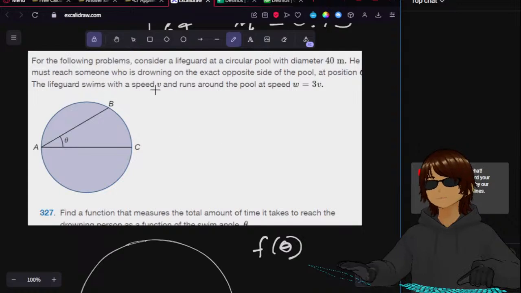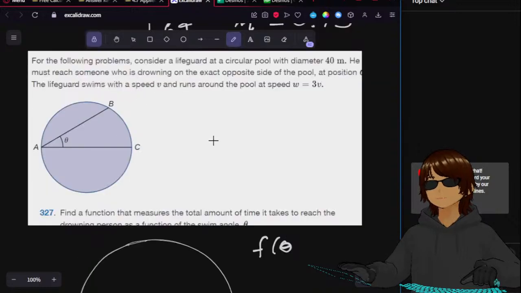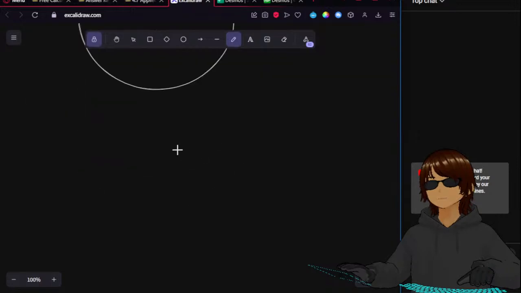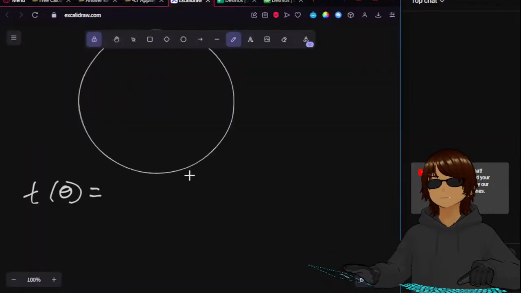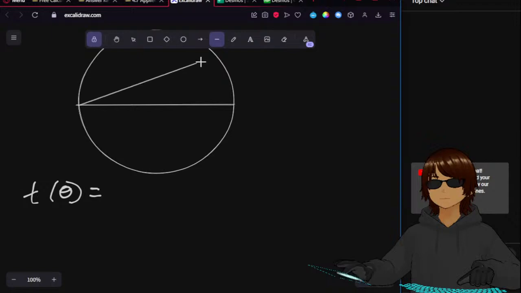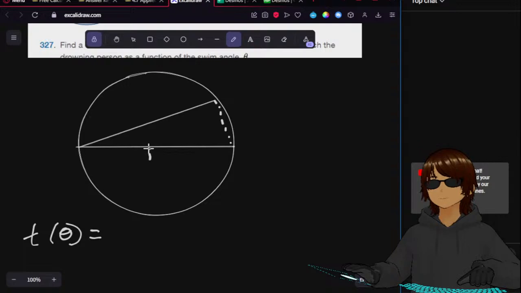Speed is V, right? And so the time it takes at theta, basically, I have to find this dashed line. Where's the diameter? Diameter is 40.